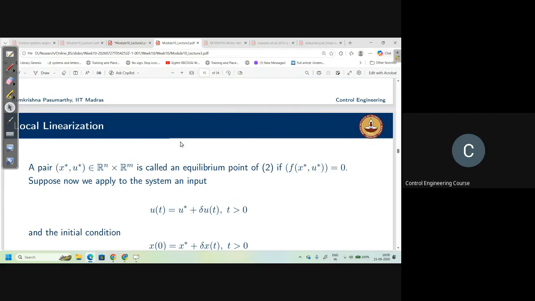For example, if you have a transistor in your electronic circuit, the transistor has non-linearity in the saturation and cut-off regions, right? In the active region, it is linear. If the input exceeds the active region, it will saturate and you will get a clipped-off signal. That means you will have some non-linearity. It's not a linear system.